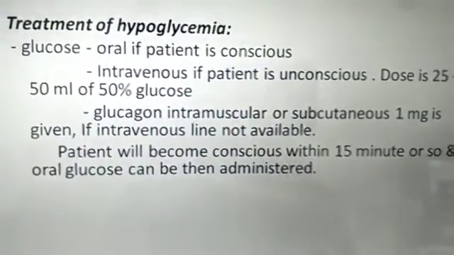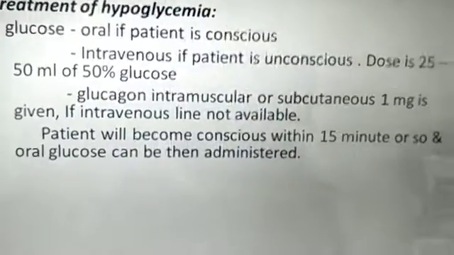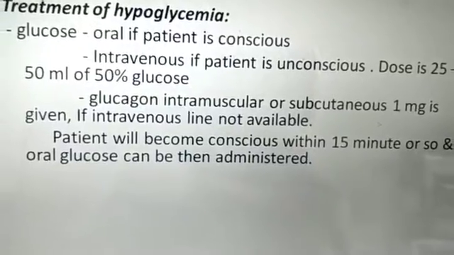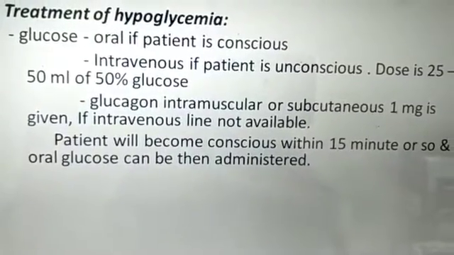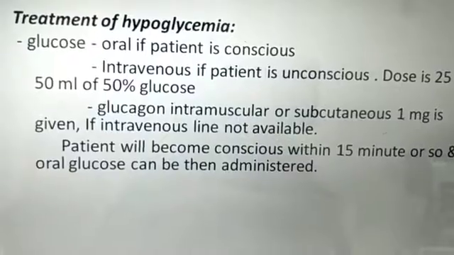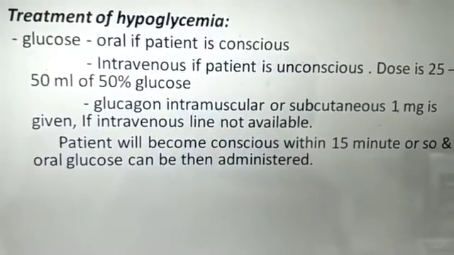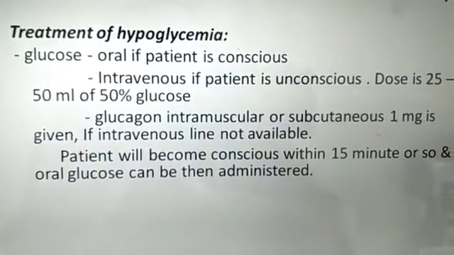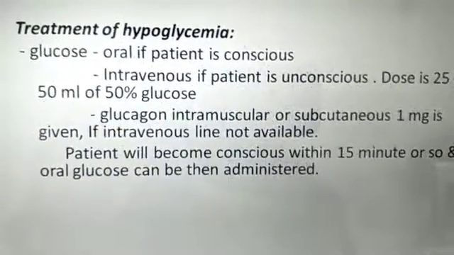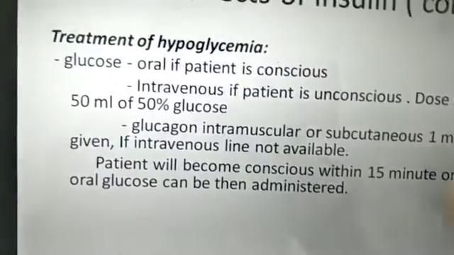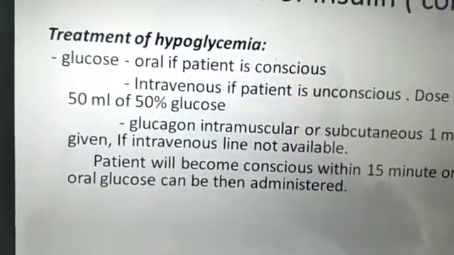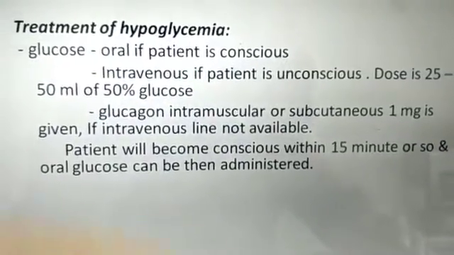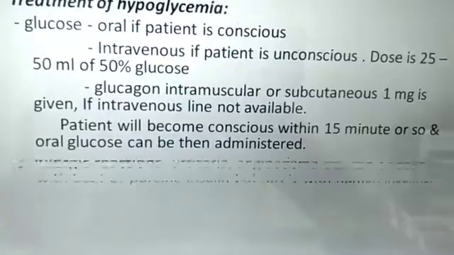But again, it is safer if you are not able to judge from the symptoms, or if you don't have the facility for immediately checking the blood glucose levels, it is best to give the glucose first, because we can take a risk and give glucose, but we can't take risk and give insulin, because this patient will die if insulin is given. So rule of thumb, diabetic patient in coma, try to replace glucose.